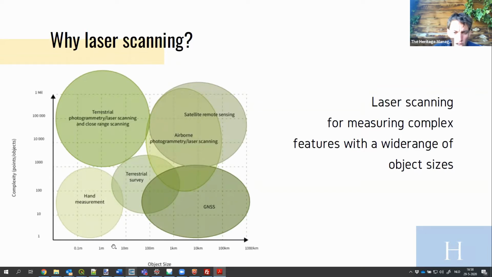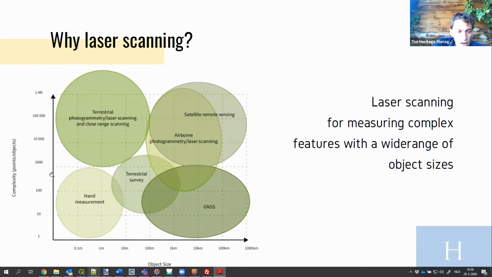And small artifacts, tangible features like pottery, are obviously somewhere here. The complexity, so this is about the desired complexity of the final geometry of your feature in terms of points per object, is what you see here on the y-axis. So if you just have a small object and you want a single measurement, measure it by hand, or if it's a very large area, measure it using GPS.